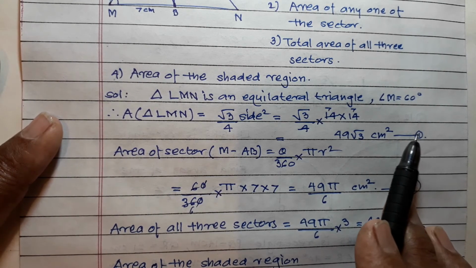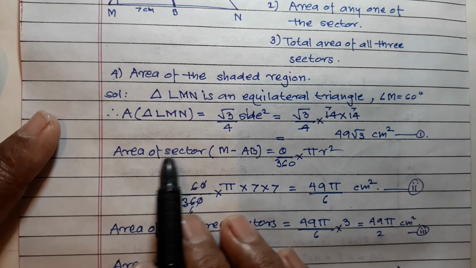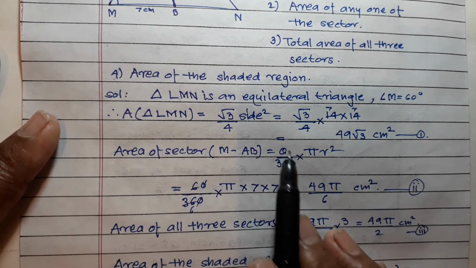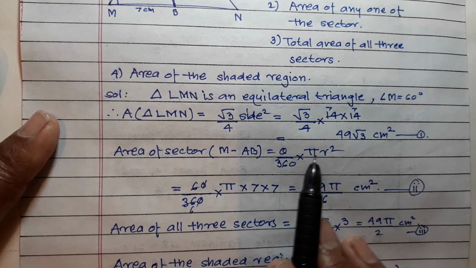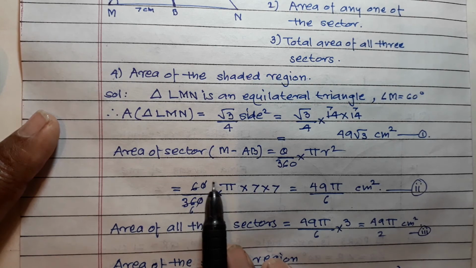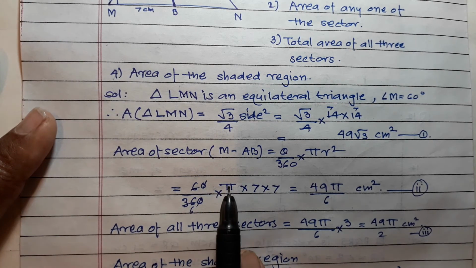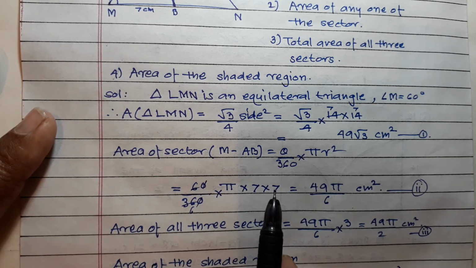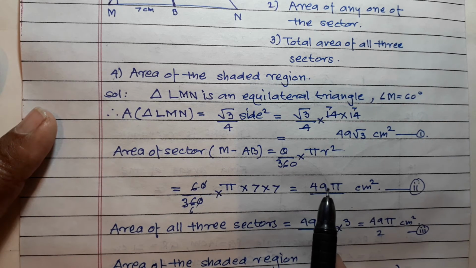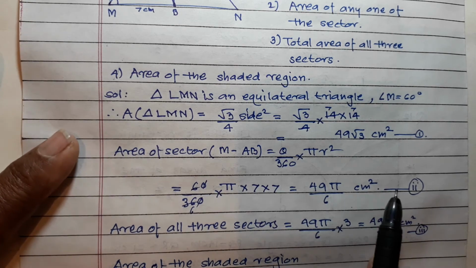So this is the area of the triangle. Then area of sector MAB is equal to theta upon 360 into pi r square. So theta is equal to 60 upon 360 into pi into 7 into 7. If you simplify this, you will get 49 pi upon 6 cm square.